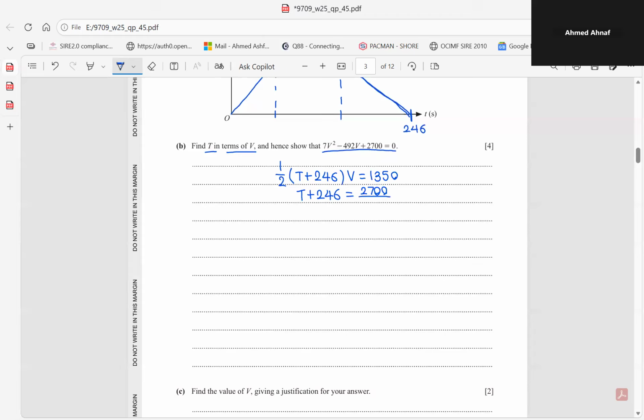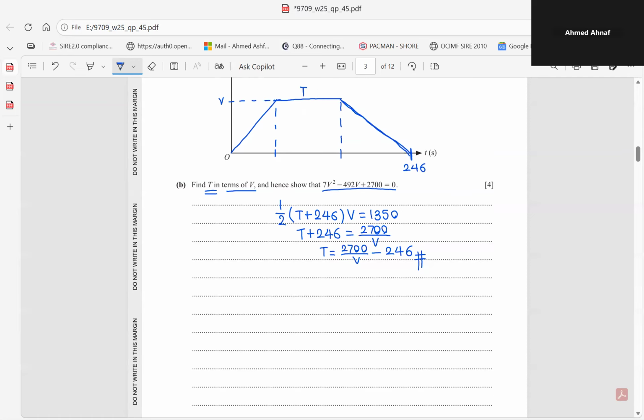Then you divide it by v, and you get t is equal to 2700 over v minus 246. Okay, so this is our first answer, for t in terms of v.